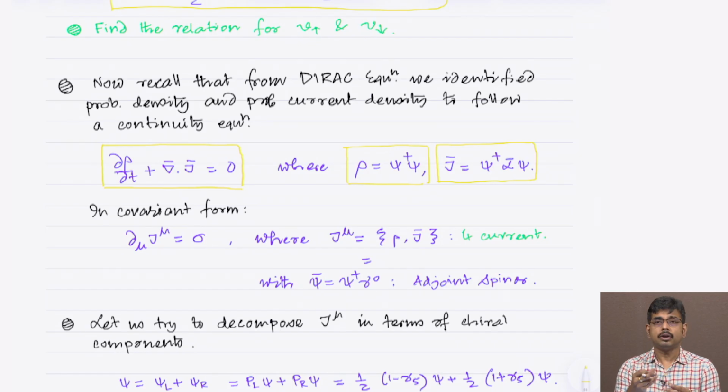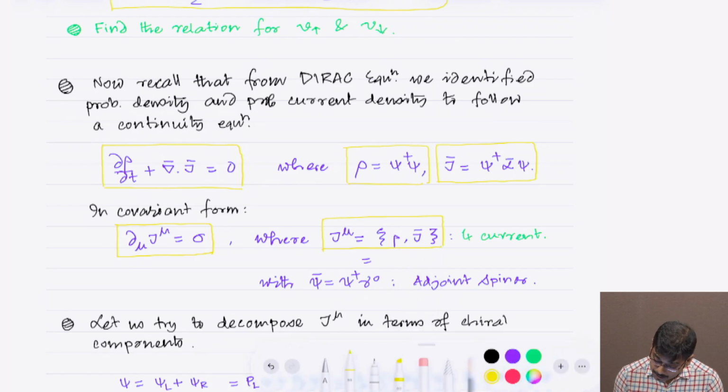Now, we could dress it up a little more to write it in a nicely covariant form, del mu j mu equal to 0, where this j mu is a 4-current constituted of this rho and j, and we could write it in terms of the Dirac matrices.